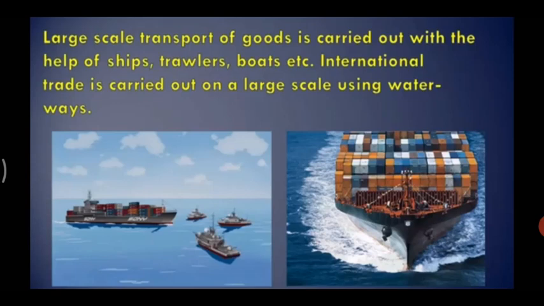Countries like Spain, Norway and Japan have a good coastline. Now, due to goods transport by ocean, these countries have gained importance.